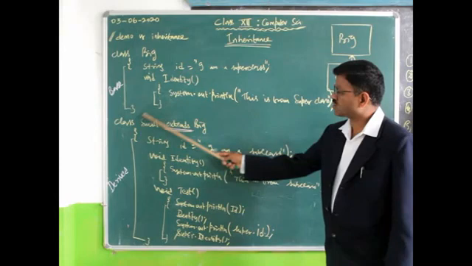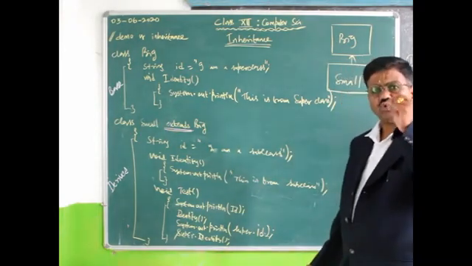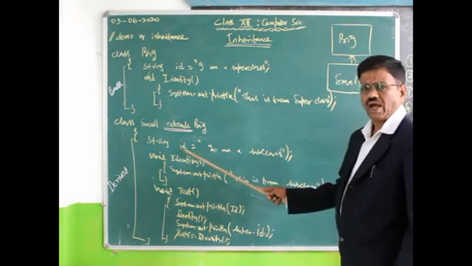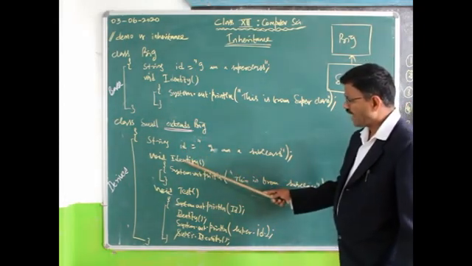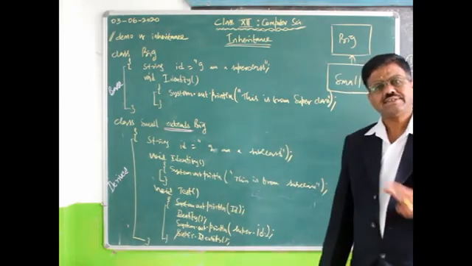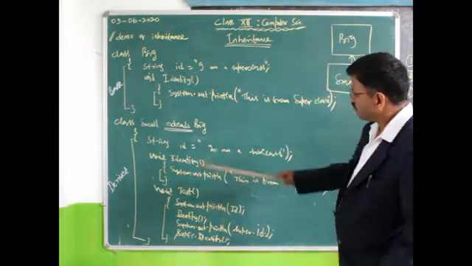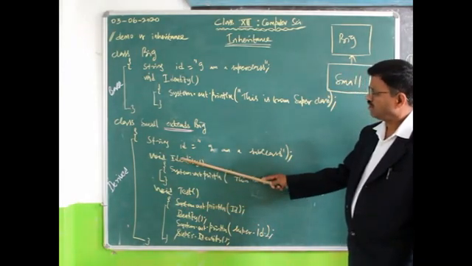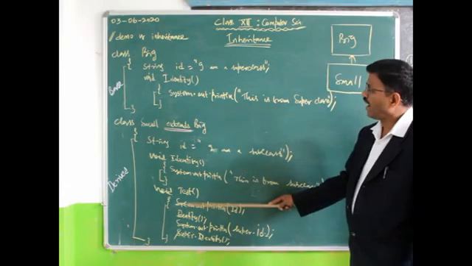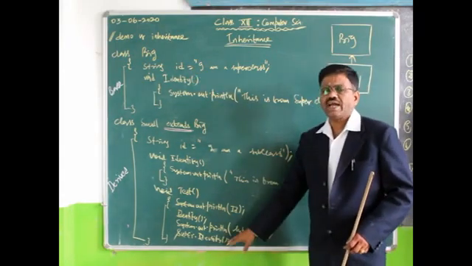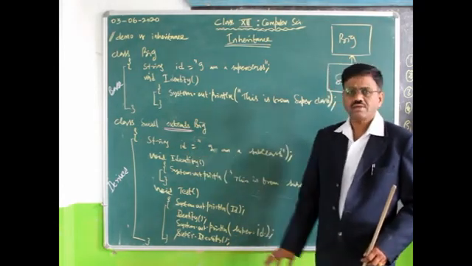In the second class, called small, I have two methods and one data member. The data member is ID. The two methods are identify and test. Besides these two member functions and this ID, I can bring this identify and this ID here as well.